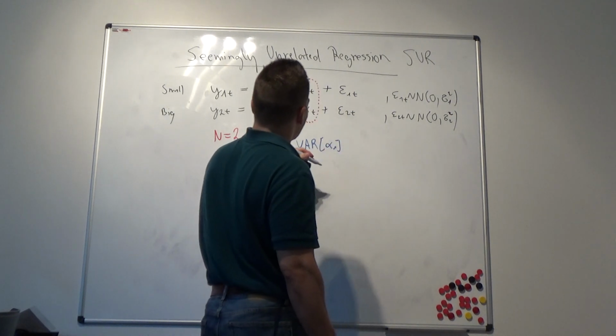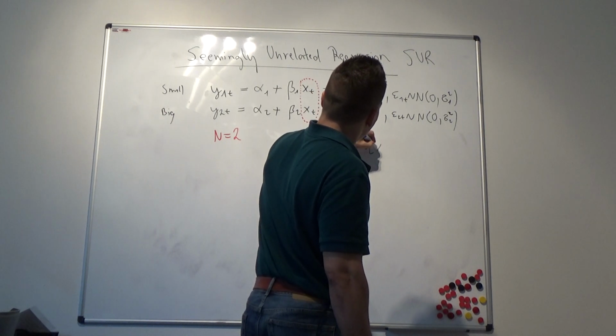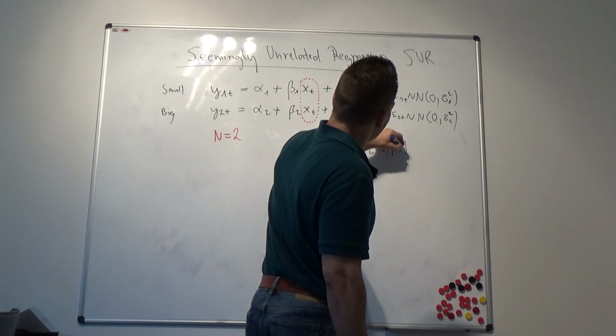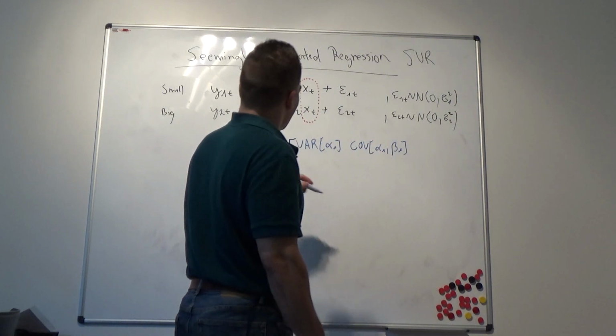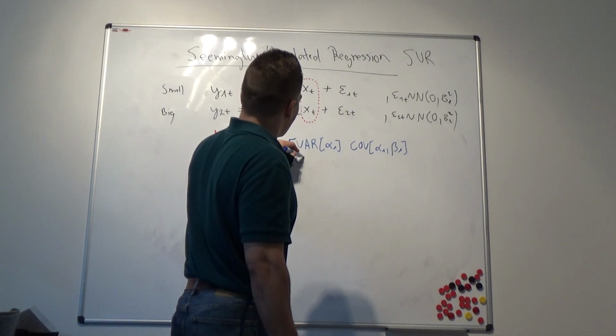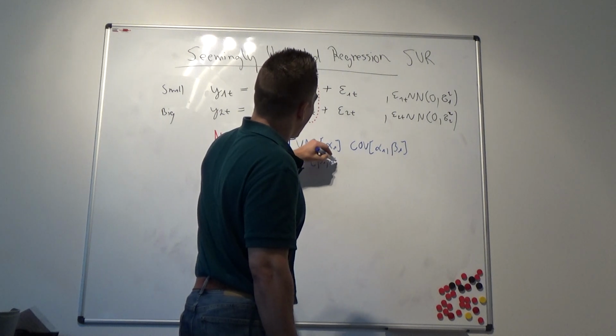We have the covariance of alpha 1 and beta 1. And we have here, of course, the covariance between beta 1 and alpha 1.